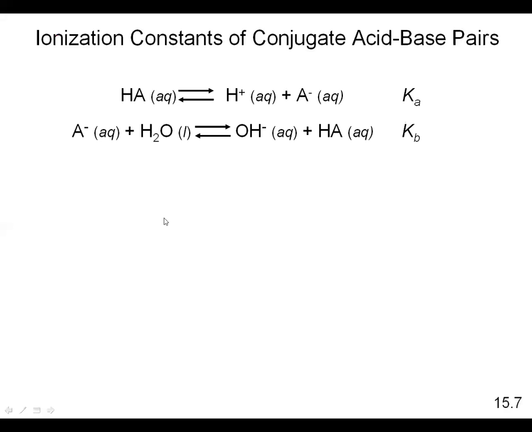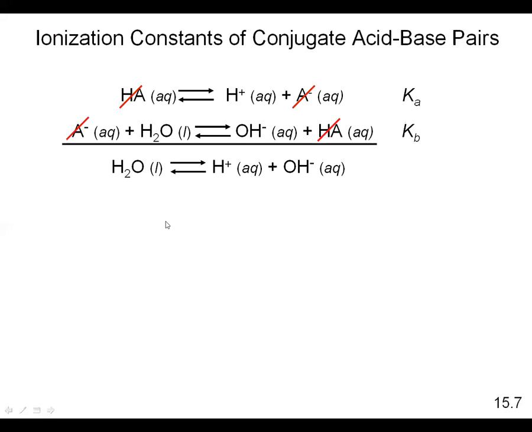And just like we talked about with these guys, these are really just equilibrium constants, regardless if they say A, B, C, D, whatever it may be. So we can do something that we've done before. If we add both of these reactions together, the A minuses will cancel out, the HAs will cancel out, and we are left with water.